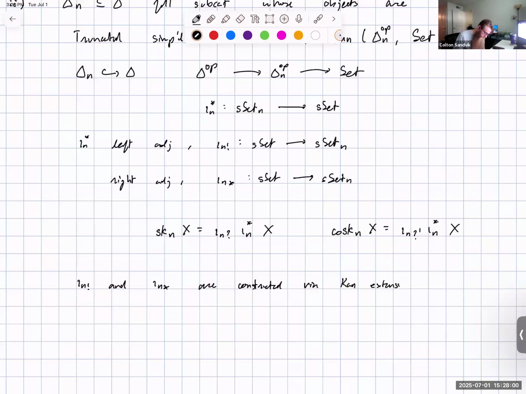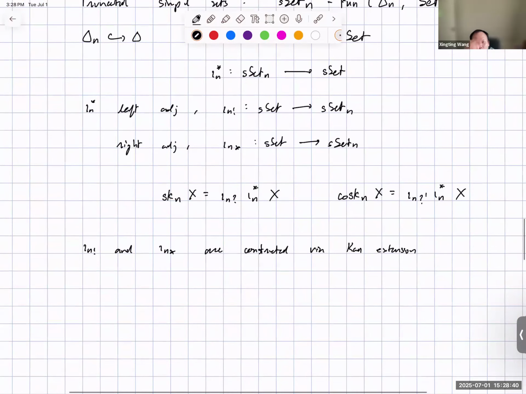There's a general way of constructing adjoints, and the reason one can do this is really just because we have all these small limits and colimits, and this functor we wrote down here plays nicely with respect to them. So we're able to force these into existence. I don't think it helps too much to write down explicitly what it is, but if you've seen any of these Kan extension constructions before, it's pretty easy to guess.